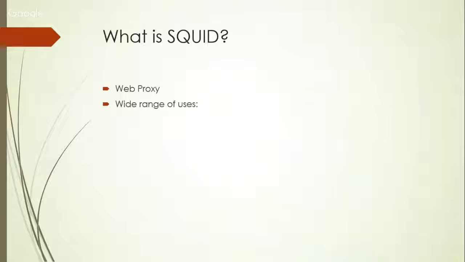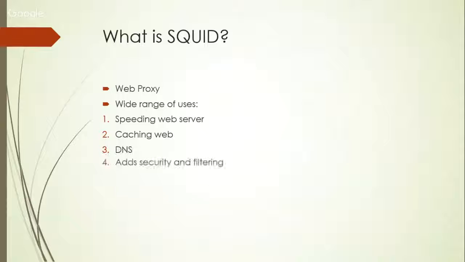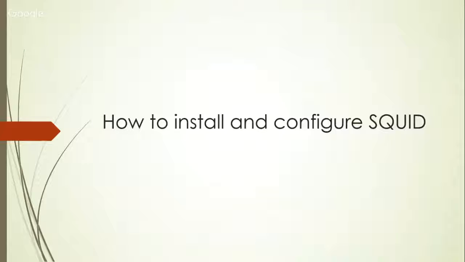It has a wide range of uses, such as speeding up the web server by caching repeated requests, caching web, DNS and other computer network lookups for a group of people sharing network resources, and adding security while filtering traffic. These are some of the things I just mentioned: speeding up the web server, caching web, DNS, and the filtering and security of the network.